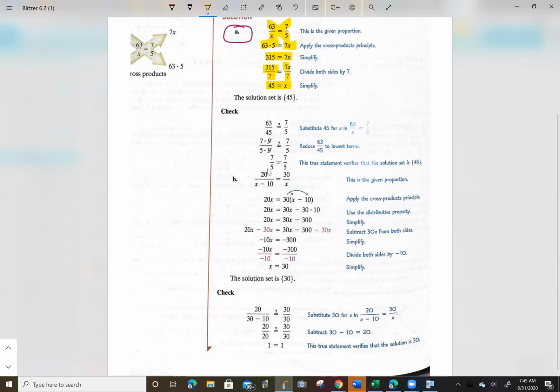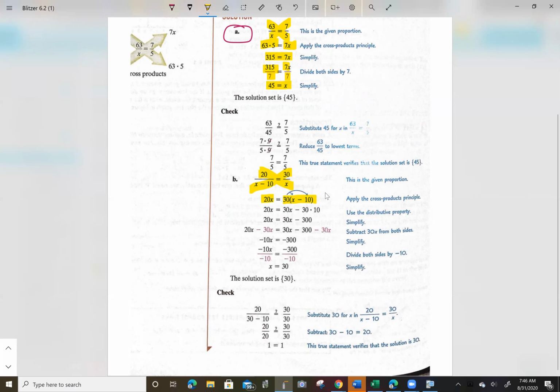B, the first thing it does is it does 20 times x, which just gives us 20x. And then it does 30 times x minus 10. Now this is very important. You must keep x minus 10 in parentheses because you have to distribute that 30. You're not just multiplying x by 30. You're not just multiplying negative 10 by 30.